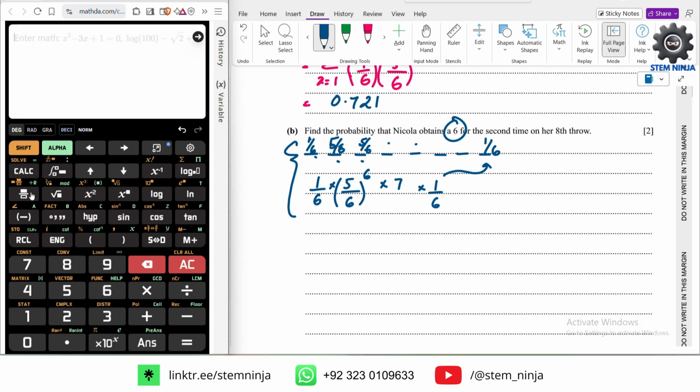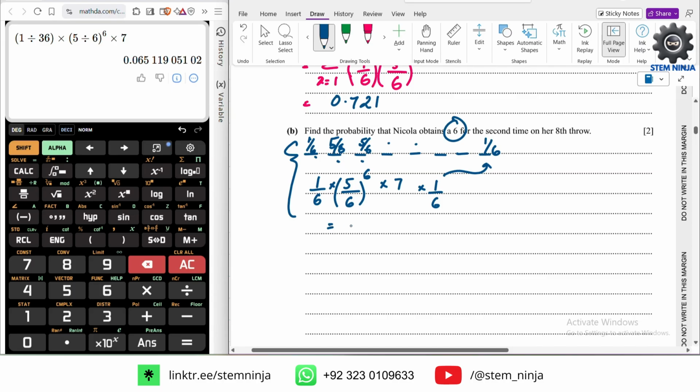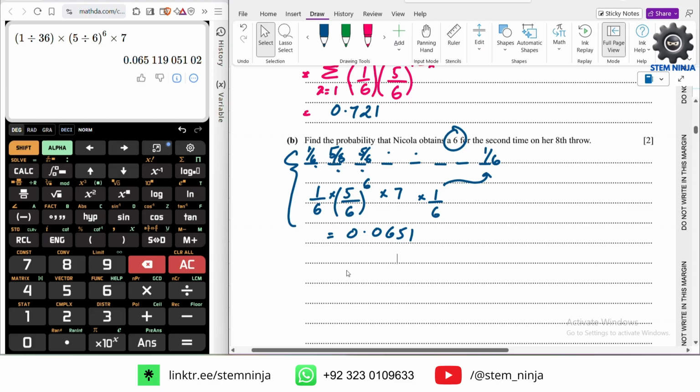So in short, you have 1 over 6 squared, which is 1 divided by 36, times 5 divided by 6 raised to power 6, times 7. You get 0.0651. This is question number 1. Let's move on to question number 2.